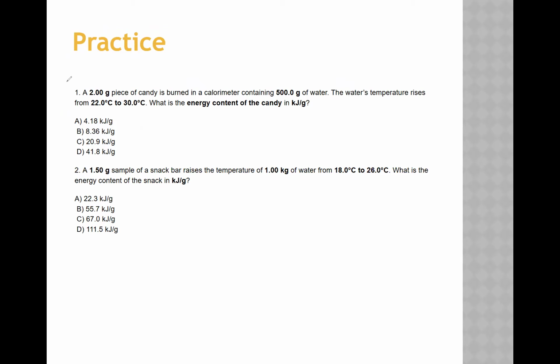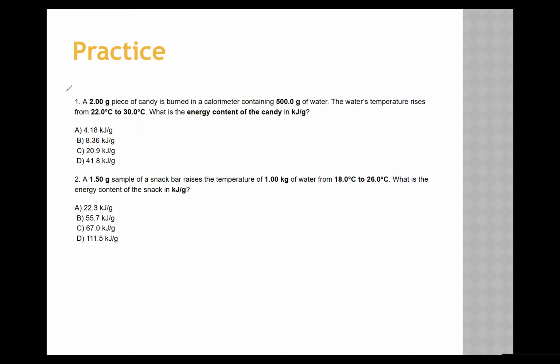So this first question here, a 2.00 gram piece of candy. Already I'm going to pull things out. We're given a mass of 2.00 grams. It's burned in a calorimeter containing 500 grams of water. So this is the mass of candy.